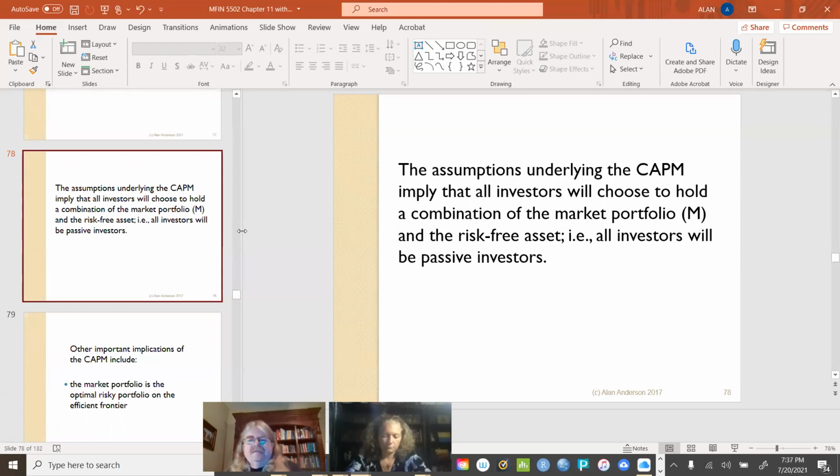They will buy some combination of the market portfolio and the risk-free asset, by which I mean treasuries. Treasury securities. Now, that seems like a very strong result. But based on the assumptions of the model, that is actually how it would work out.